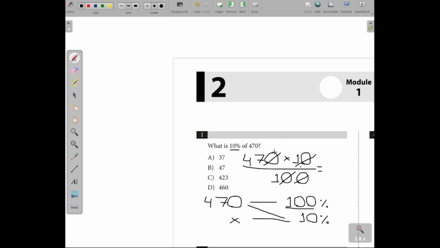So we have 47 times 1, it's 47, and 47 divided by 1, it's 47. So the answer is B.